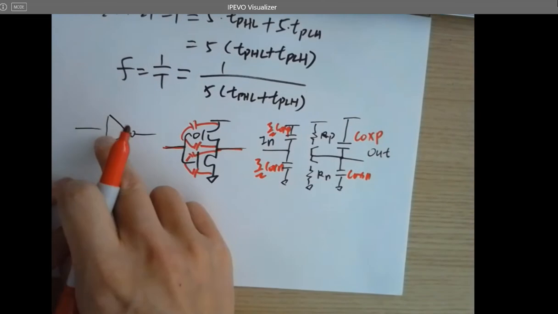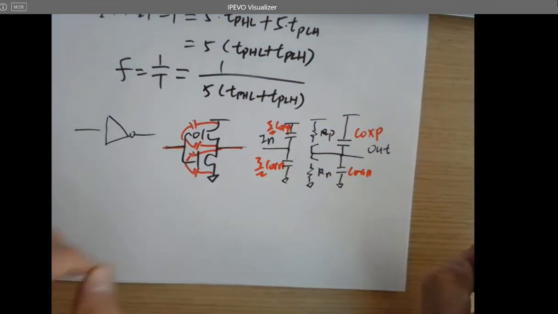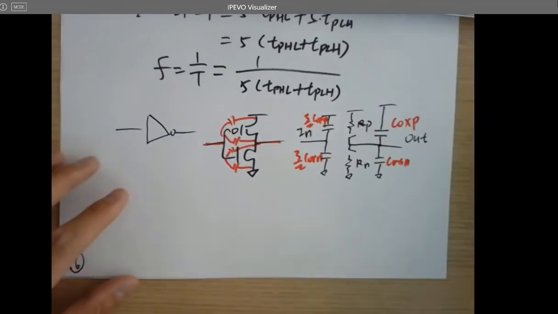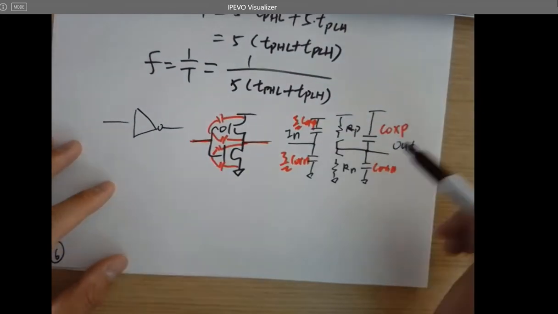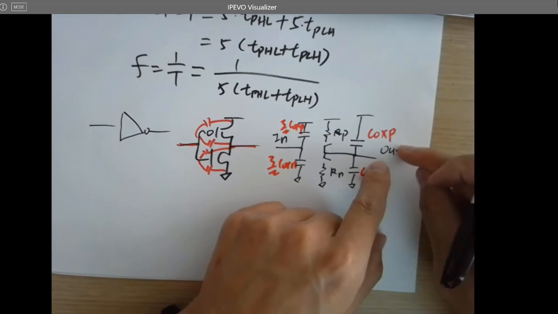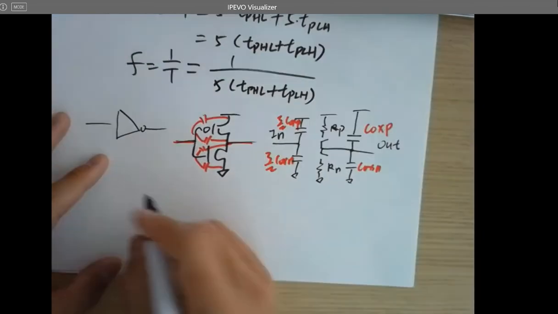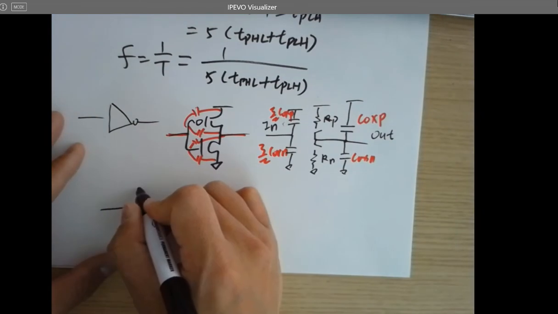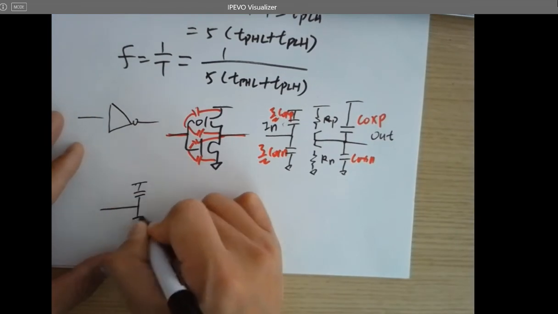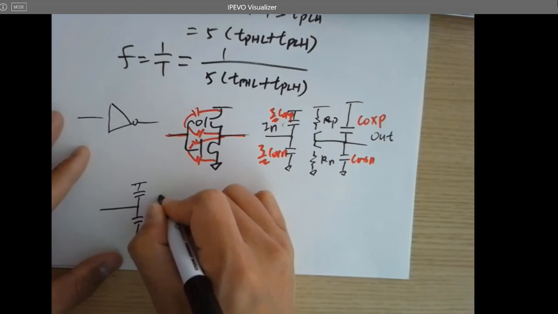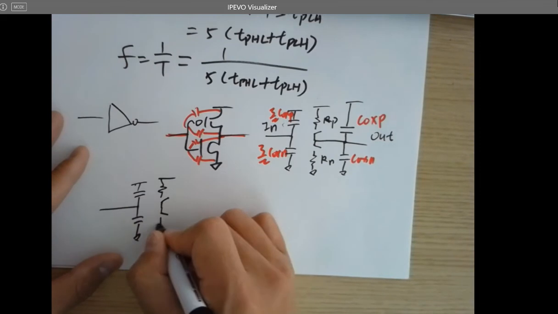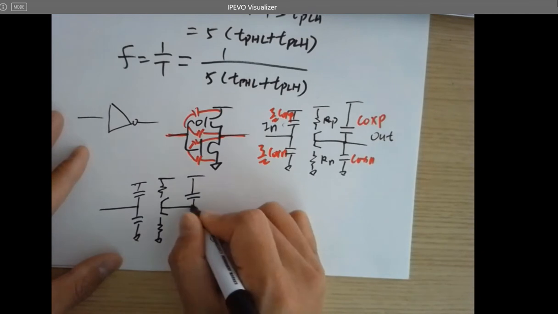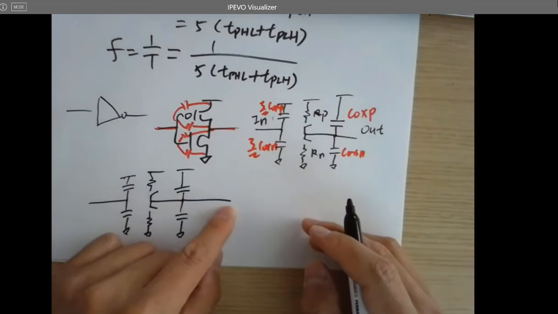And if you connect all the inverters in a string, which is the ring oscillator, the digital model has to be modified slightly because you are going to have another inverter behind it. You don't have to look at this part, but let's draw it. What's being connected to the output?